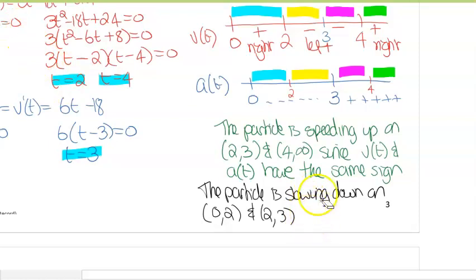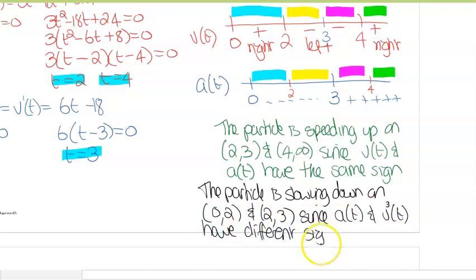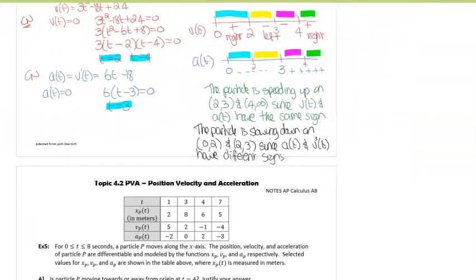Since a of t and v of t have the same sign, have different signs, sorry. A of t and v of t have different signs.